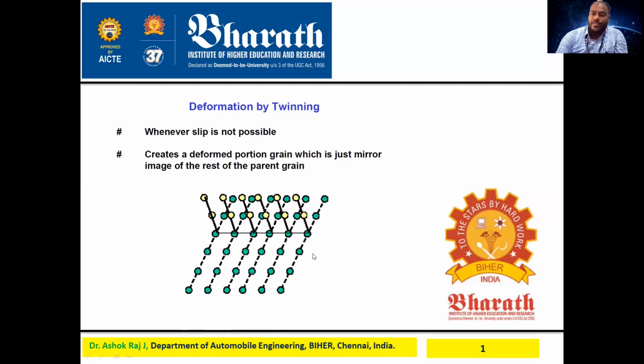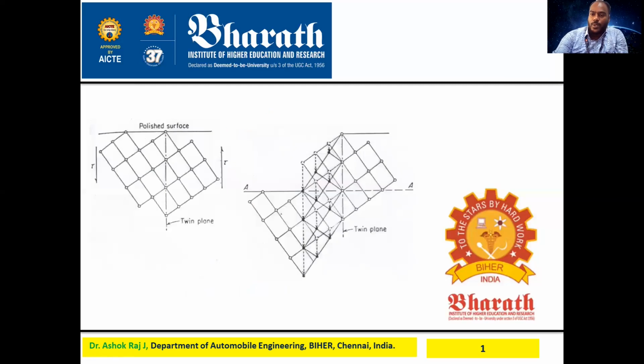If you apply an external force and slip does not take place, you can see another line at the bottom. It is the mirror of this one. That's why it looks like a V shape. This mirror is this, this mirror is this. This is the reason it's called twinning.